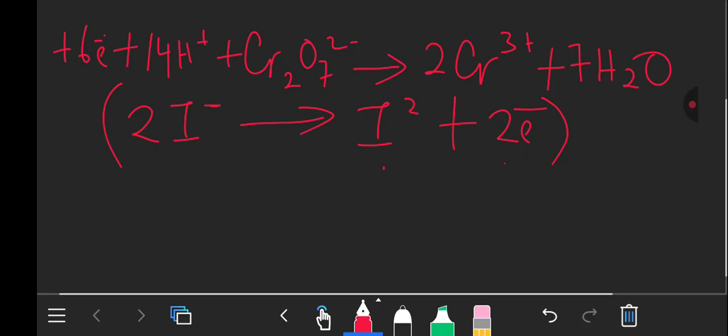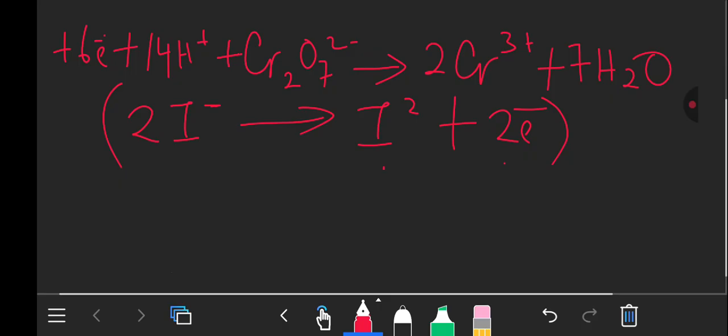You multiply the first reaction by 2, then the second reaction you multiply by 6, because there are 6 electrons there. So you'll be able to balance now the number of electrons. So you just interchange, you multiply the first reaction by the number of electrons there in order to balance it. Okay, the way we deal with simultaneous equations when you're dealing with elimination, you need to balance the first and the second reaction, so you swap.